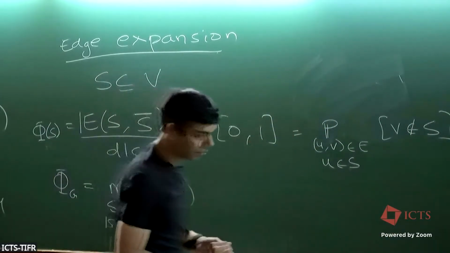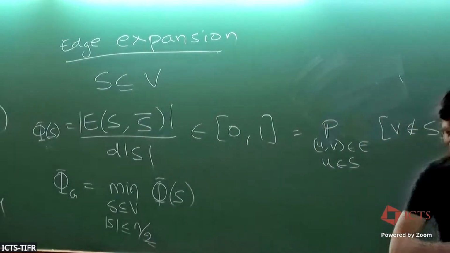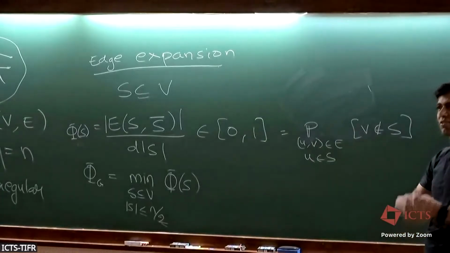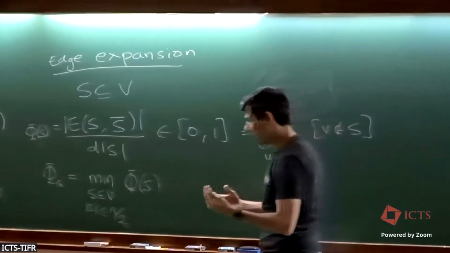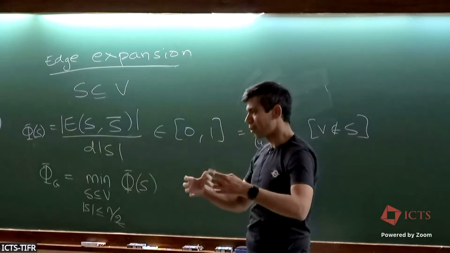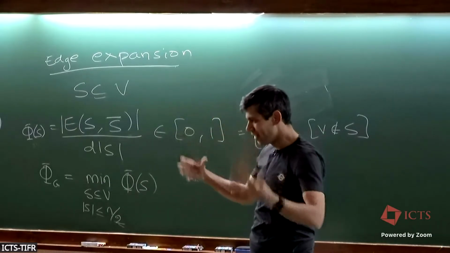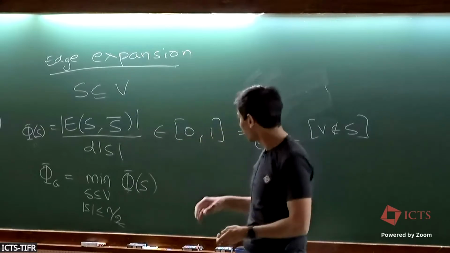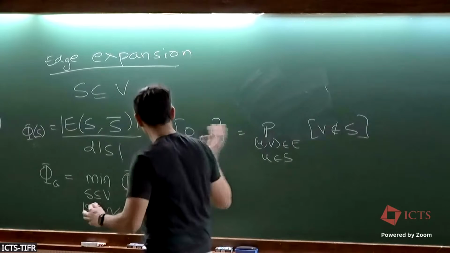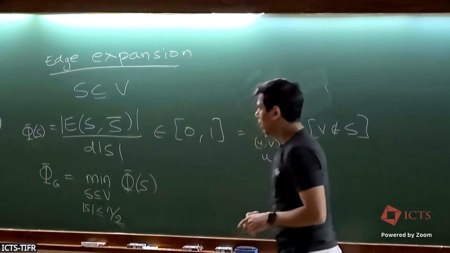It's just saying that if I take a random edge starting from a vertex in S, then it escapes S. So if you think of some kind of diffusion process in a graph in which you have some information spreading, it's just saying that for any set, there is no bottleneck, it spreads very fast. Okay? And then we can come back to that.